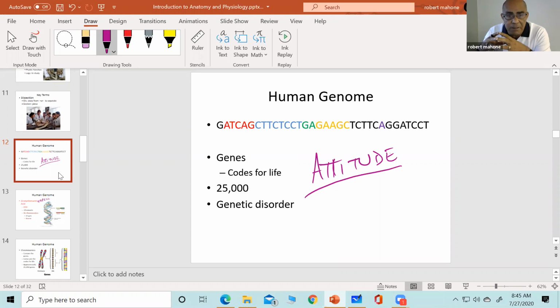Your personality comes partially from your DNA. How your body handles stress, or how your body doesn't handle stress, is also tied to your DNA. So it's not just the physical characteristics and the physical functioning, it's also the mental functioning of the body, also coming from our DNA. All right, so that is the genome right there.